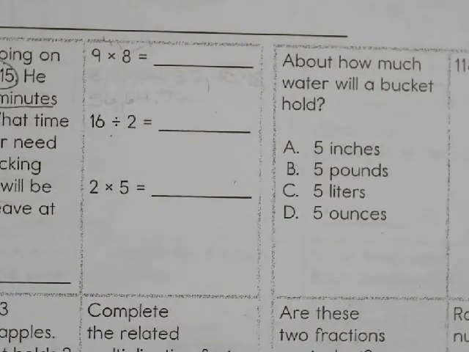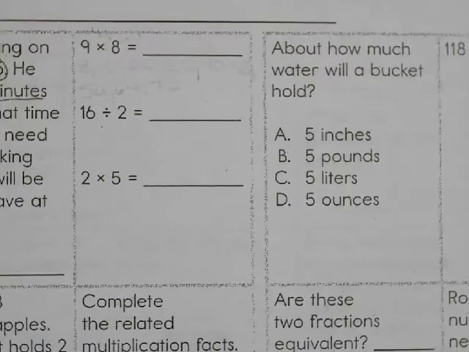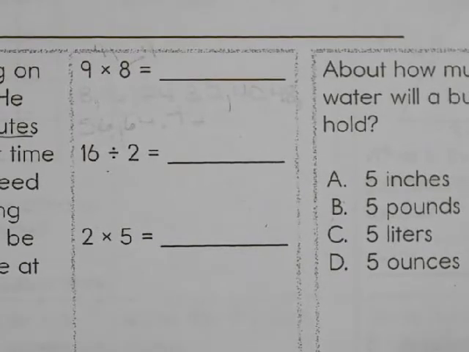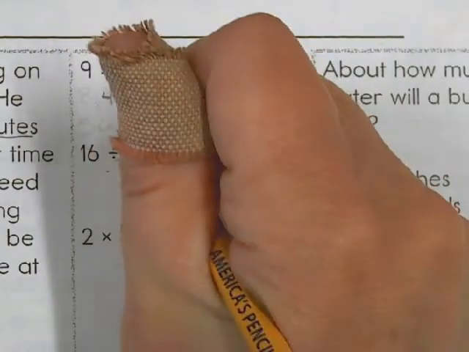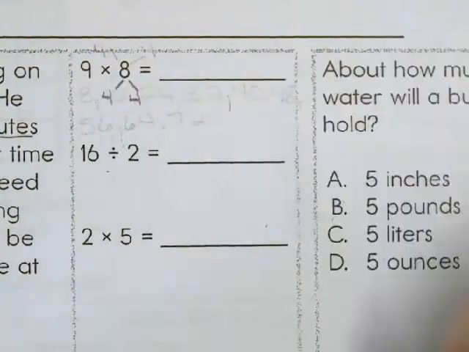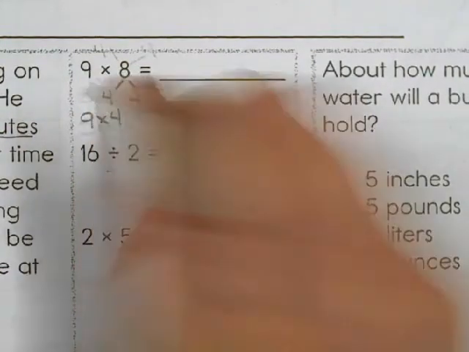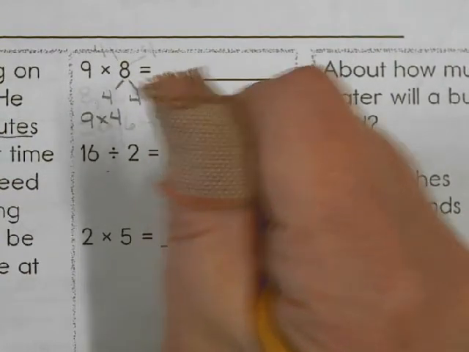Okay, so now let's go on to finding the solutions to our multiplication and division equations. You will notice here we have 9 groups of 8. So I can think of this as breaking it down as a 4 and a 4. If I did that, I could do 9 times 4, or 9 groups of 4, and 9 groups of 4 again.